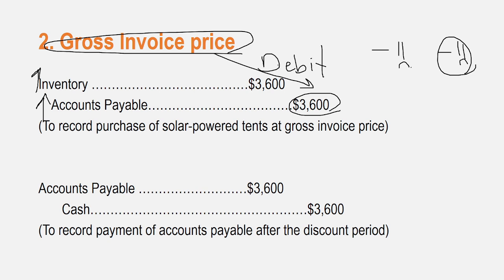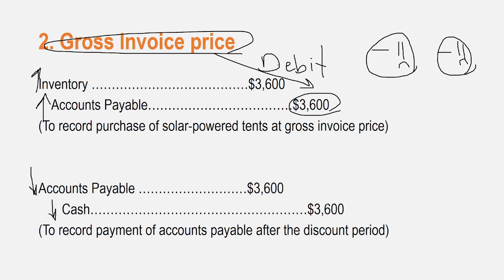So there is a match between the two, and there is no need to use any additional account. Because accounts payable decreases and the liability is eliminated, we consider it a debit. From the other side, cash also decreases, and we consider the decrease in cash a credit.